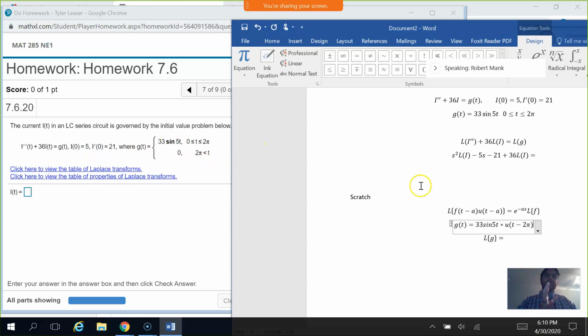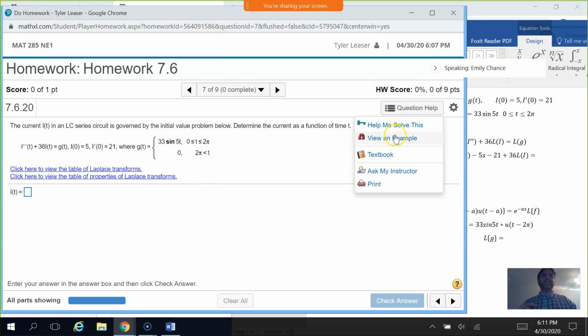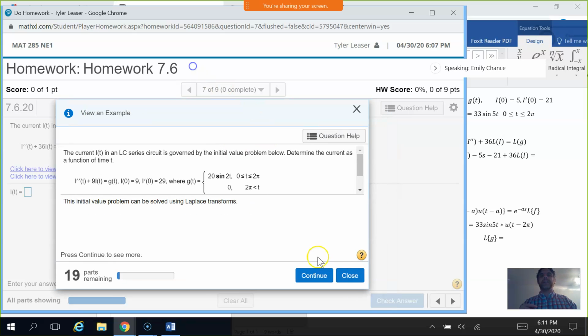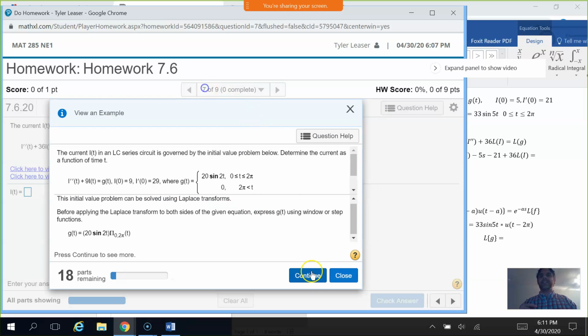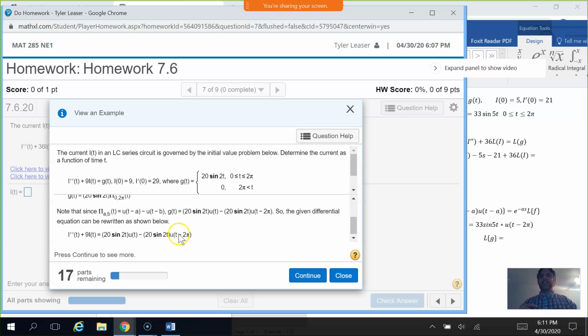We don't have to shift this one because it's already starting at 0. Maybe what we have to do is shift it 2 pi to the left so that this is at 0, but I don't think so. I think we're good. Let's see what the example says. I just don't want to steer you guys in the wrong direction like I've done in the past.